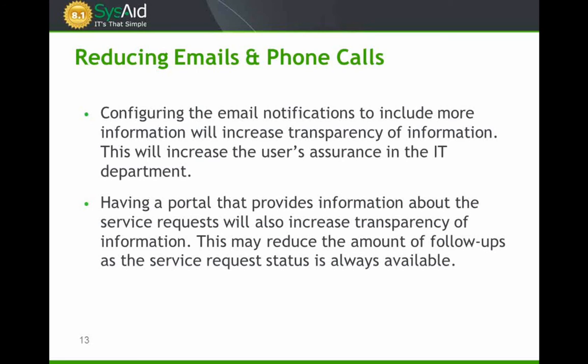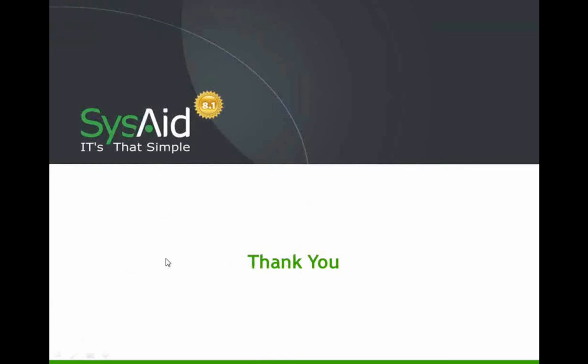And having the end user portal, if you customize the end user submit form to request all the information you're going to need to begin with, then you don't need to call the user and ask for the extra information or send them emails about that. We also talked earlier today about adding more information to the end user service request history page. That's not part of this, but still relevant to this challenge.